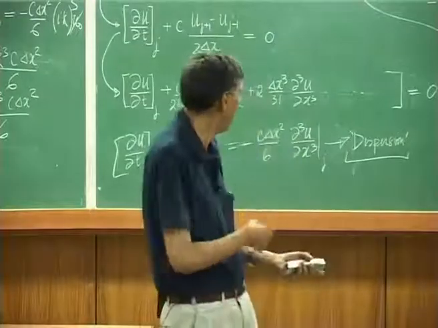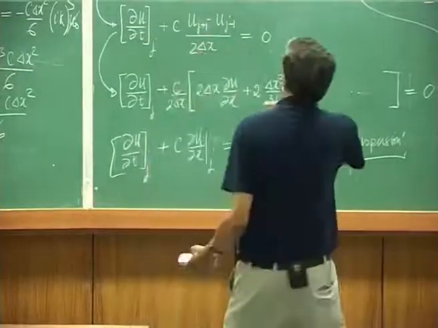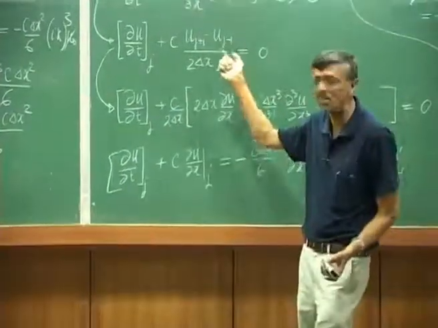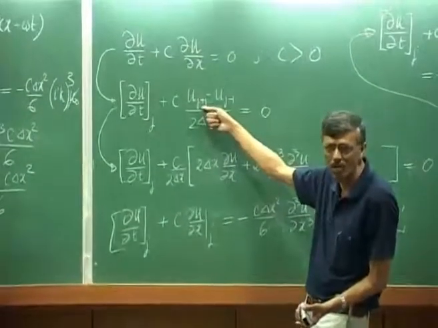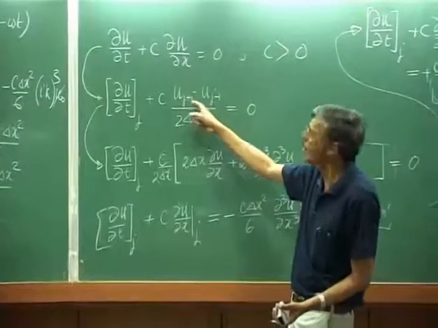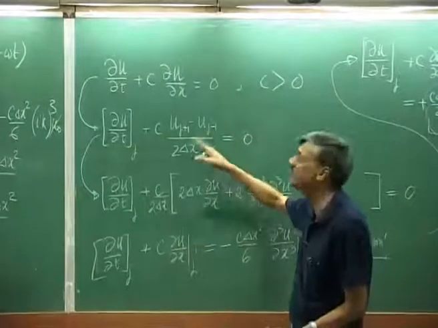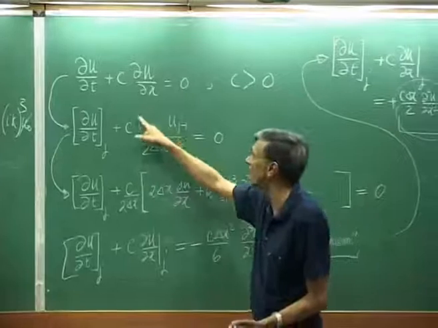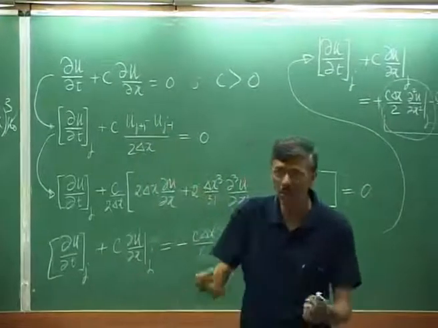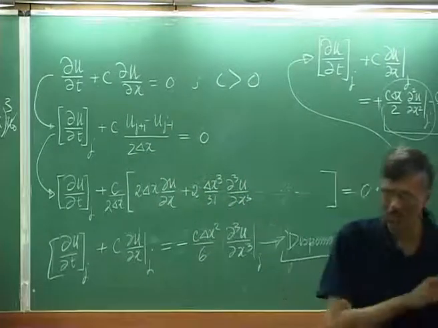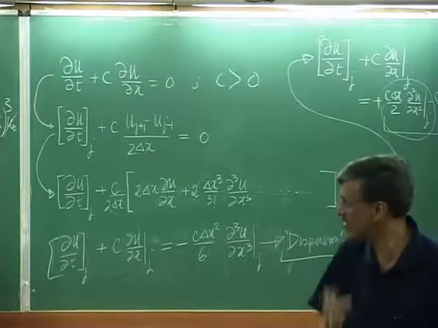So, I cannot do this kind of thing, central difference. If j happens to be the boundary node, if it happens to be the left boundary node, then I do not have this, and if j happens to be the right boundary node, I do not have this. So, your hand will be forced to adopt one sided difference, and this is a major issue.